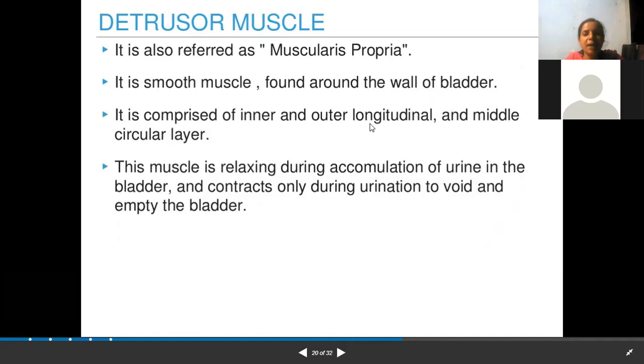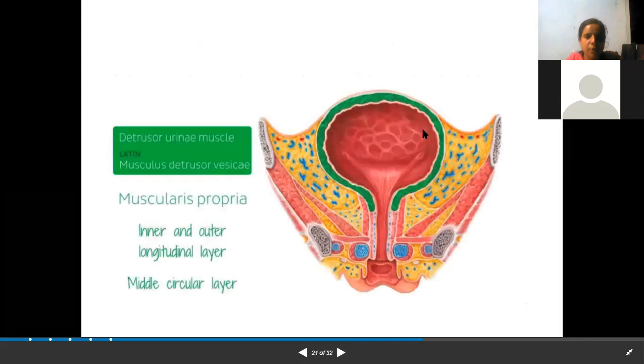It has inner and outer longitudinal muscle fibers and middle circular fibers. We will see this in histology. Only when we are voiding or passing urine, it contracts. The rest of the time, it is relaxed. This whole muscle is the detrusor muscle.